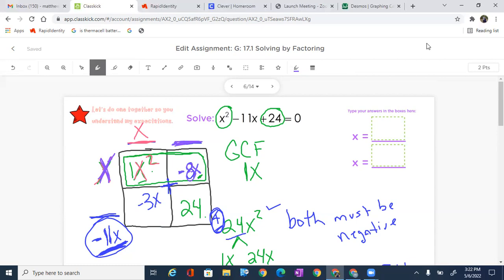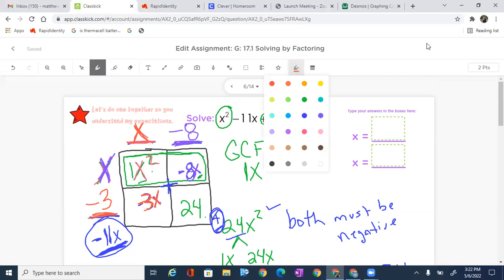Well, x times negative 8 is negative 8x. And then I just keep working through here. x times what is negative 3x? Well, I know x times negative 3 is negative 3x. And then I'm just going to check to make sure everything works. Negative 3 times negative 8 is positive 24.